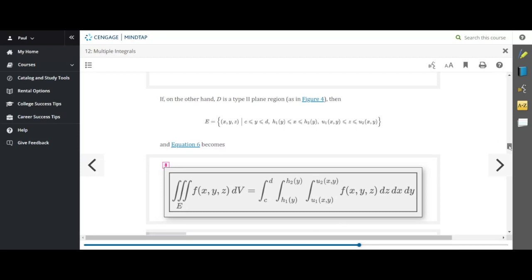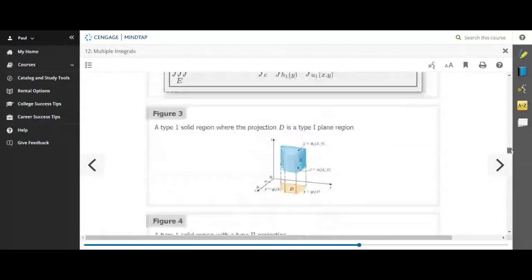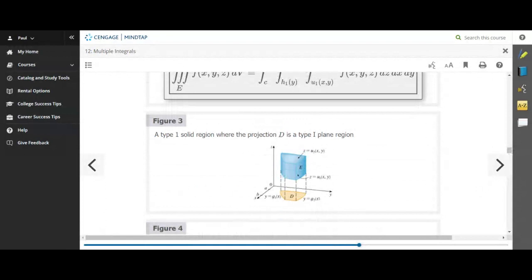Now, on the other hand, if your solid were, as you see here in figure 3, bounded above and below by functions of x and y, those surfaces, and then you project the solid E down into the xy plane, the region D is bounded above and below by functions of x, and then the limits go from a to b.